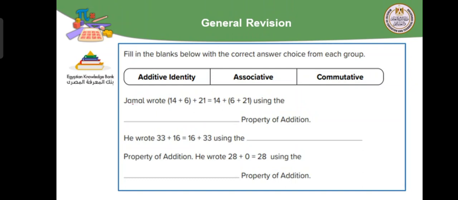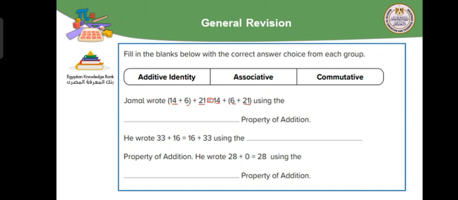Jamad wrote (14 plus 6) plus 21 equals 14 plus (6 plus 21). This is equal, so the left-hand side should equal the right-hand side. I have the same numbers, 14 here and 14 here, 6 here and 6 there, 21 here and 21 there, and I have the adding operation.